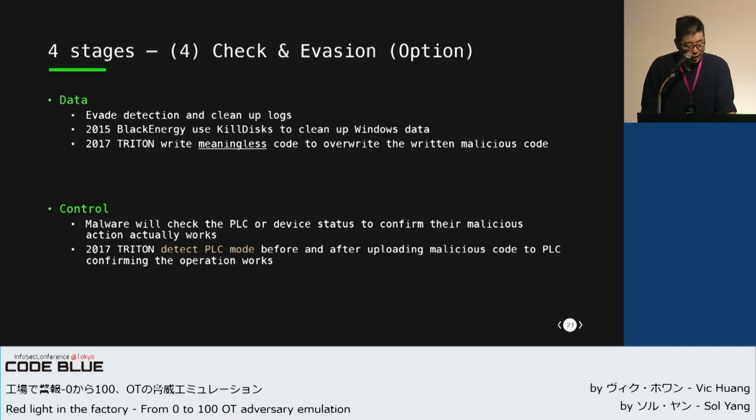So for data targeting, for example, BlackEnergy used KillDisk to clean up the Windows data, and Triton writes meaningless code to overwrite the written malicious code. And for control targeting, malwares will check the PLC status. So Triton did check the PLC mode before and after it did the attack process.